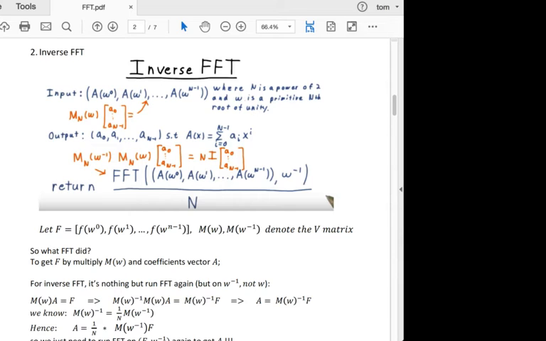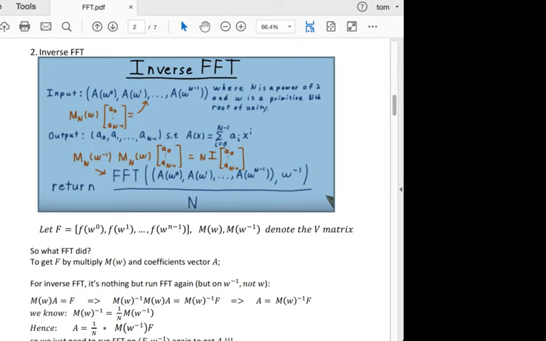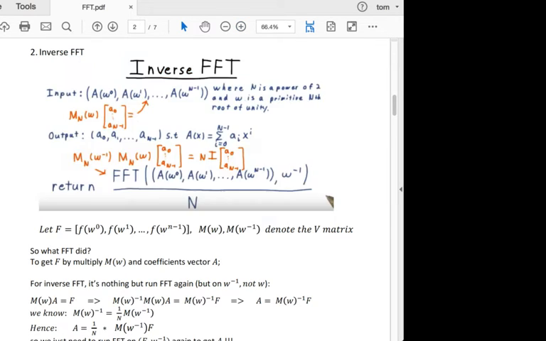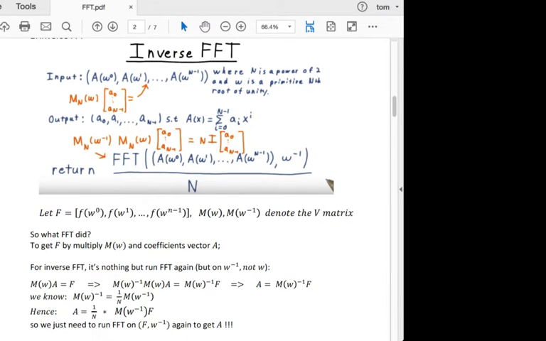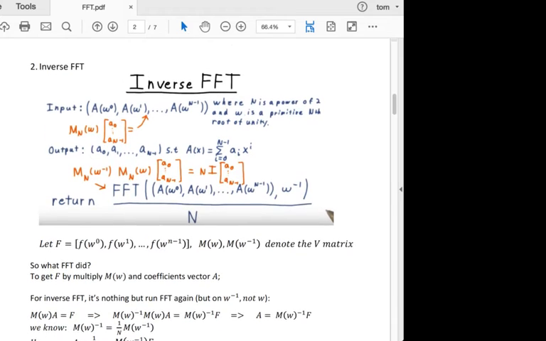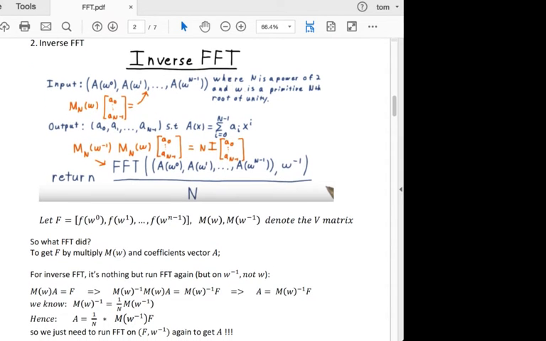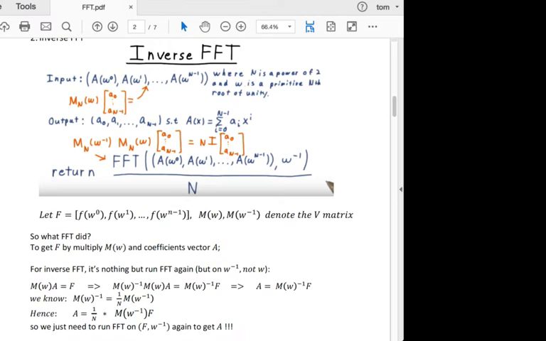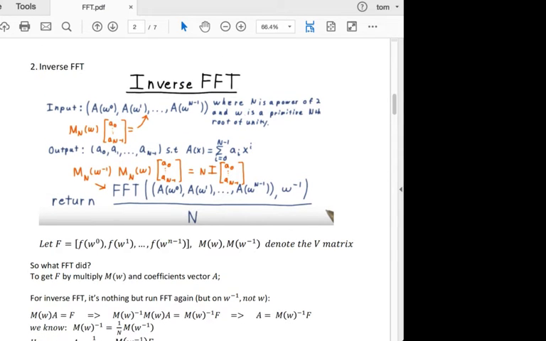Here is about the inverse FFT. This is adapted from the lecture, and I will go through the proof of how to do the inverse FFT.